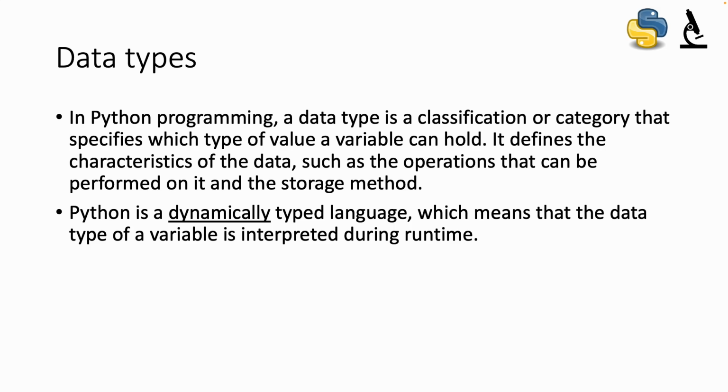So far so good. Then let's move on to the data types. Data types in Python programming are a classification or a category that specify which type of value a variable can hold. It defines the characteristics of the data, such as the operations that can be performed on it and the storage method. So what does that mean?